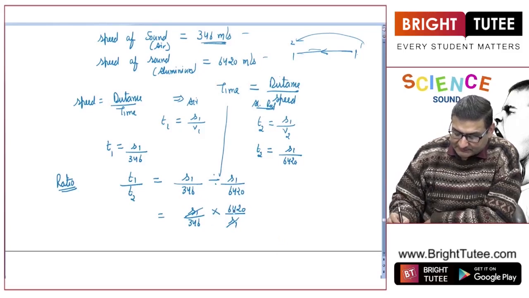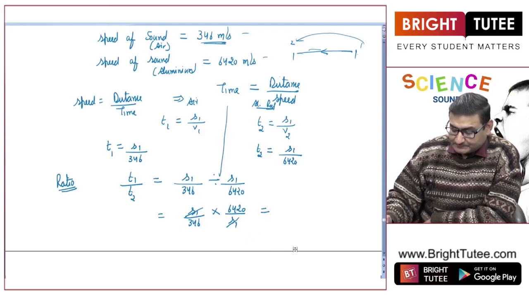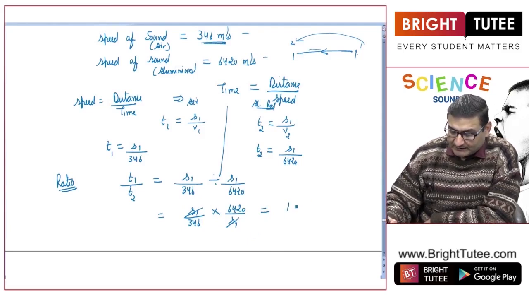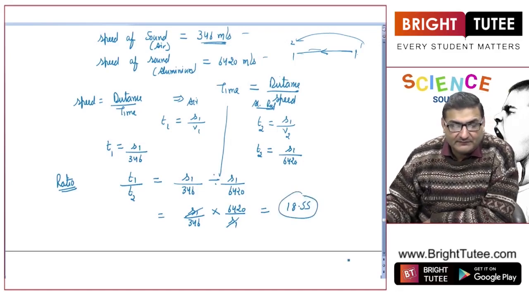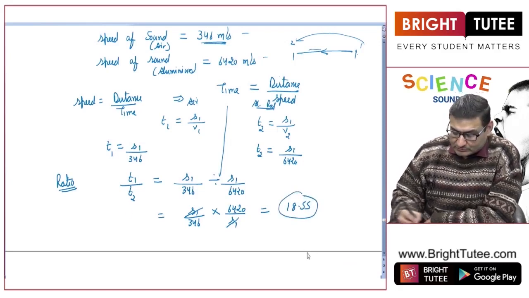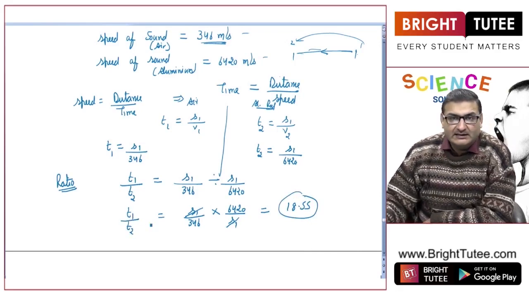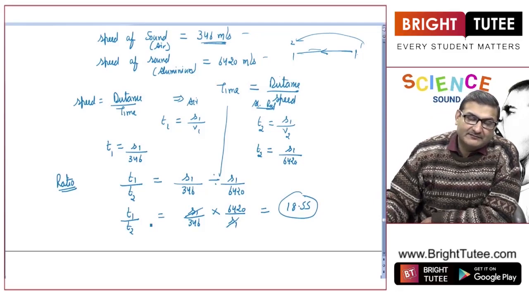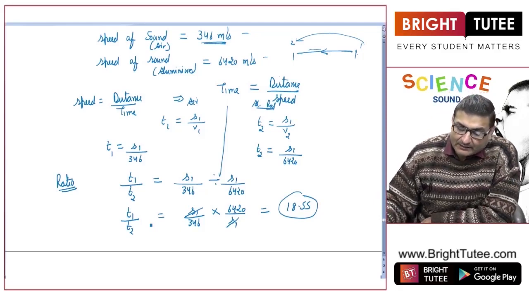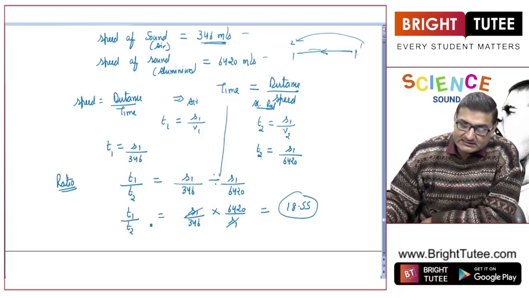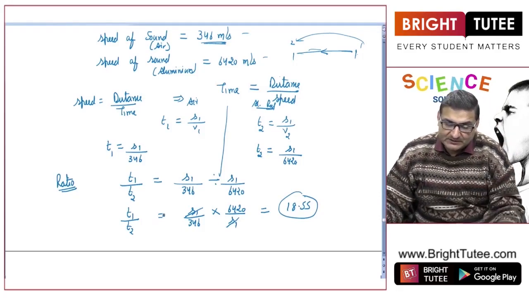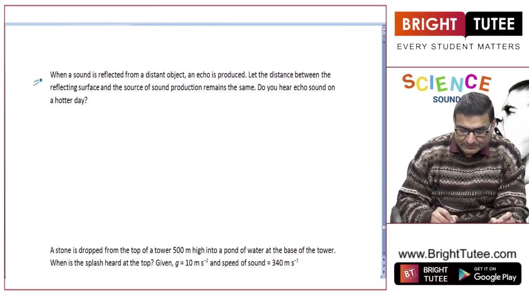I am left with 6420 by 346. On calculating, you will get the answer to be 18.55. So, the ratio of time taken in these two media is 18.55. Clear to all? This is the required ratio. Alright. Let us see the next question.